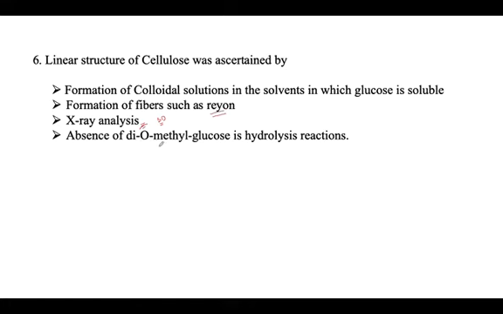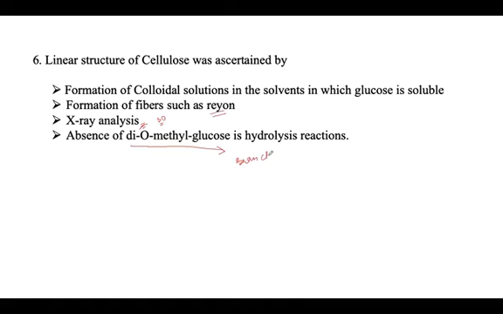And then again, an important thing that we have already discussed is that the dimethyl glucose is absent. When we are doing the hydrolysis, had there been 1% or 2% or 3% of dimethyl glucose obtained, we could have easily understood that a branch point was present.